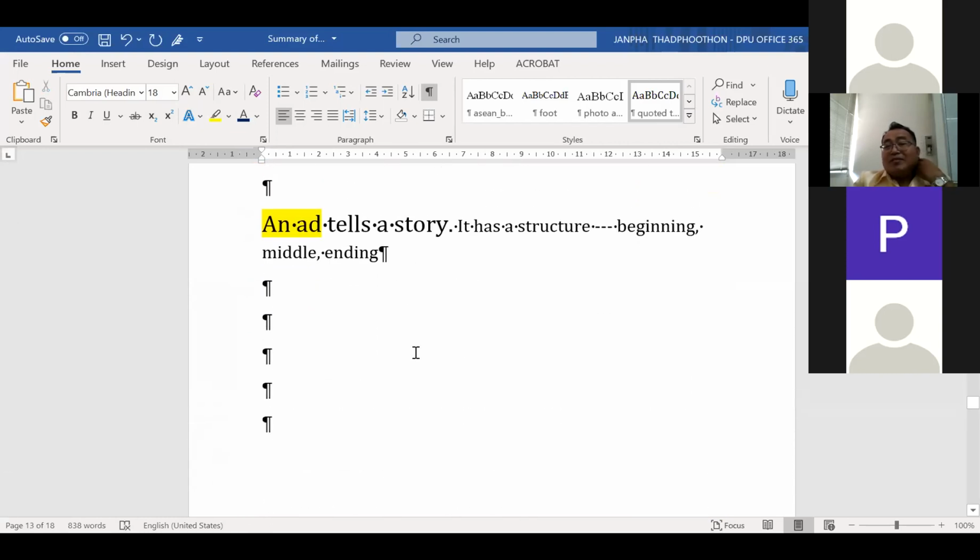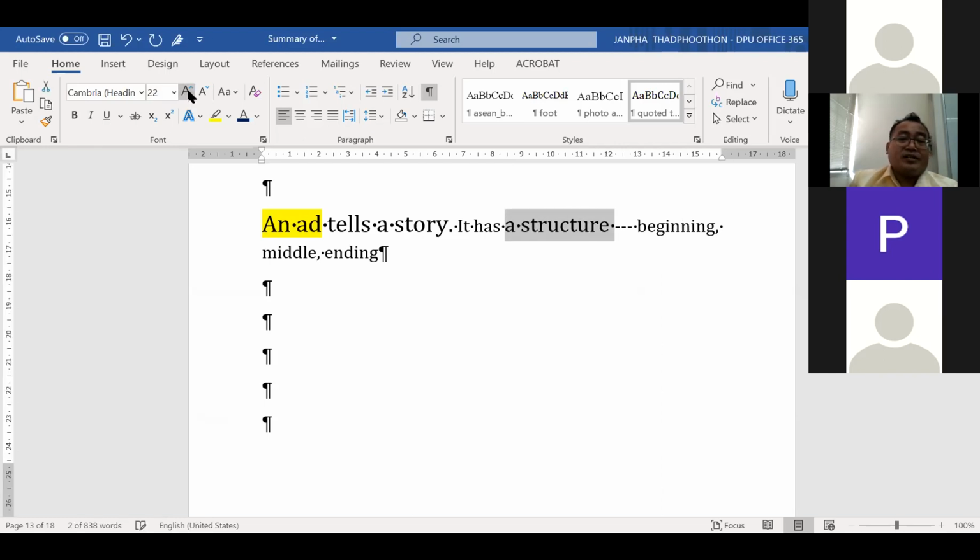So when we talk about narrative, you think about a structure, a narrative structure. You have the beginning, the middle, and the ending, you know.